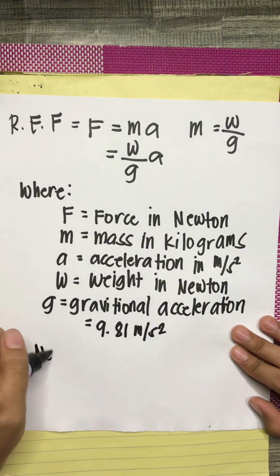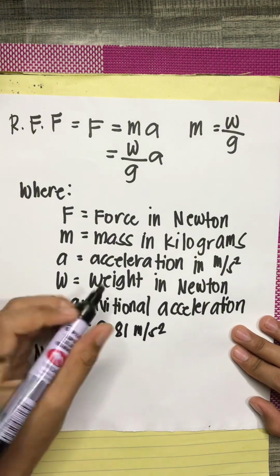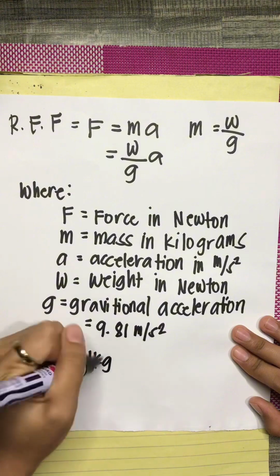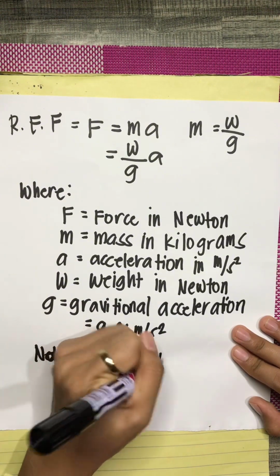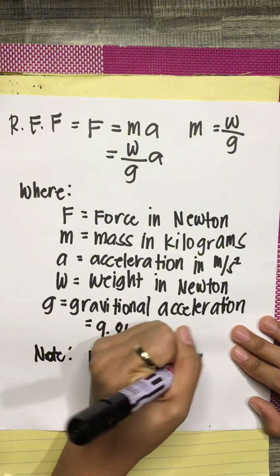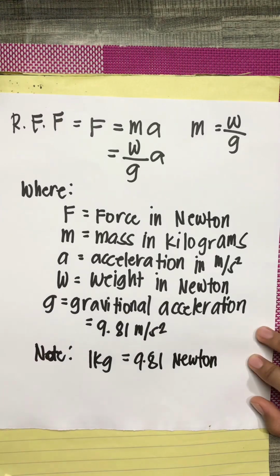Note that 1 kilogram is equal to 9.81 Newton. If the imaginary force, called the reverse effective force, is applied to the body equal, parallel, and collinear with the effective force, then the body will be in static equilibrium.